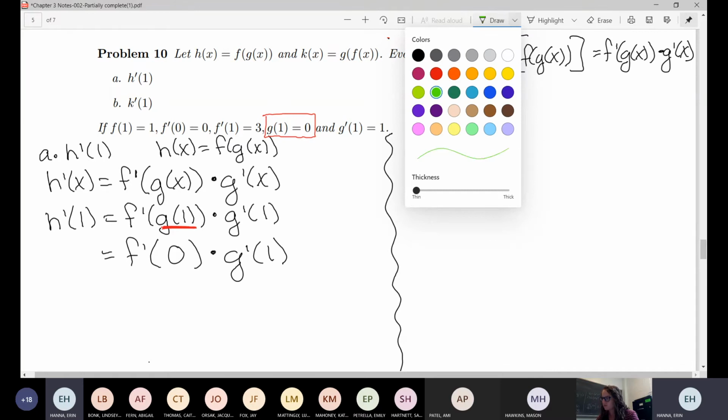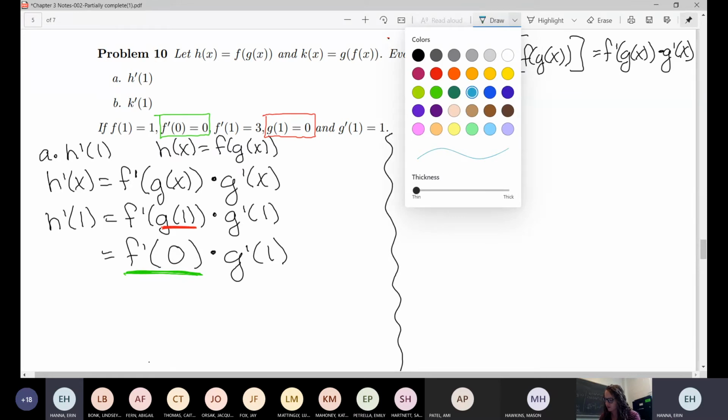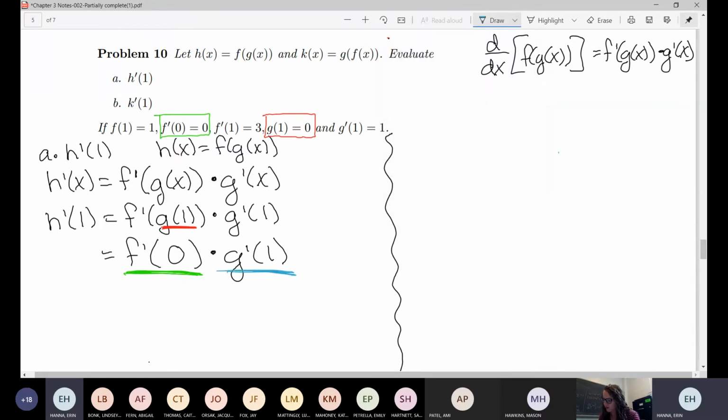And then I need to find f prime of 0, which is told to be 0. Lots of colors in here to help us figure out where things are coming from. And then g prime of 1, we're told, is equal to 1. So we've got 0 times 1 is 0.